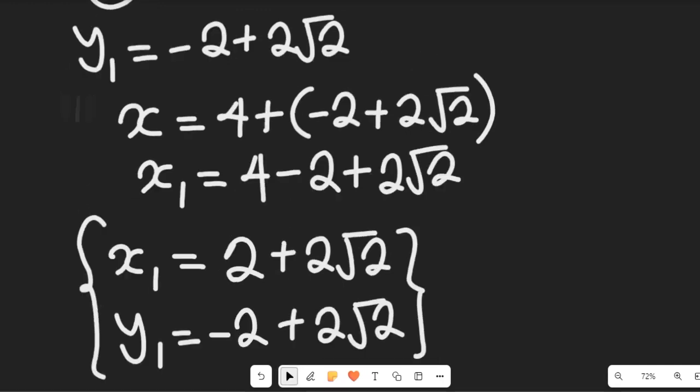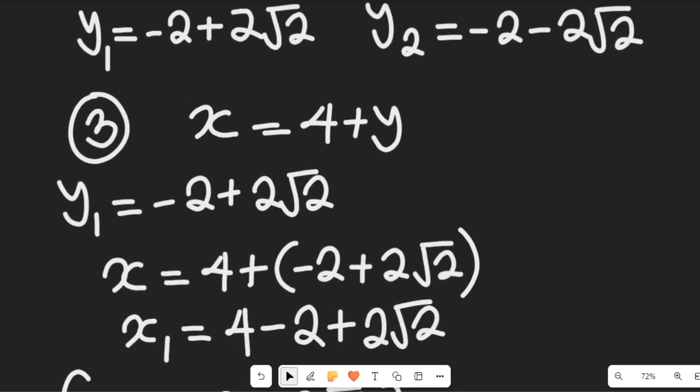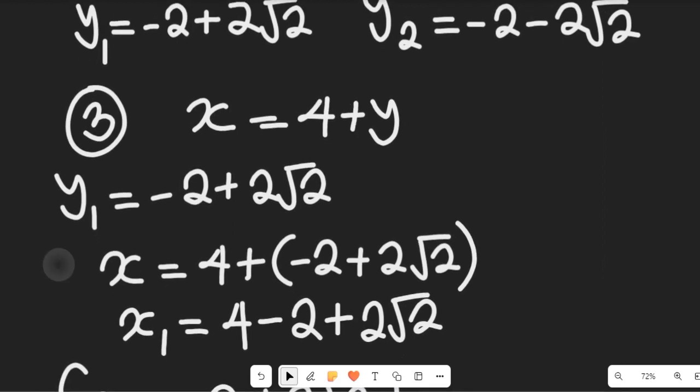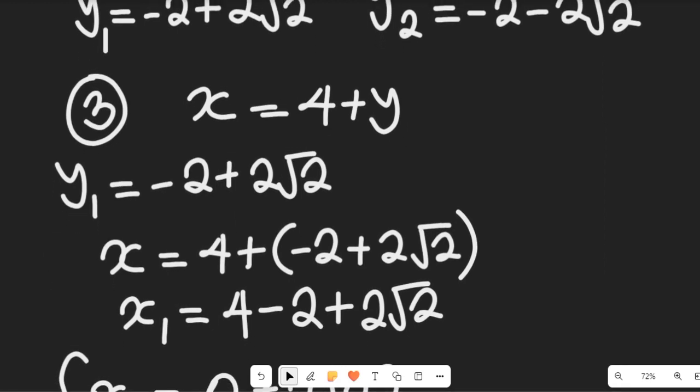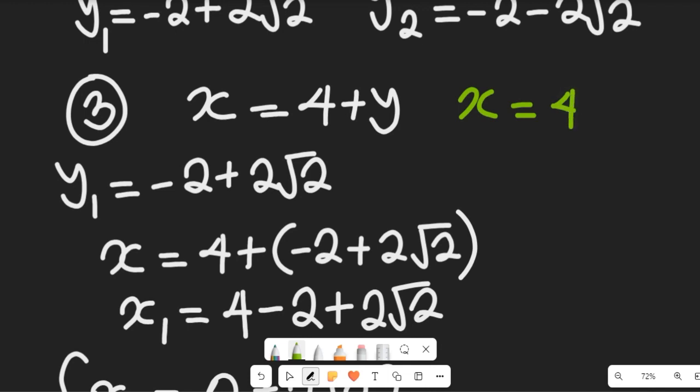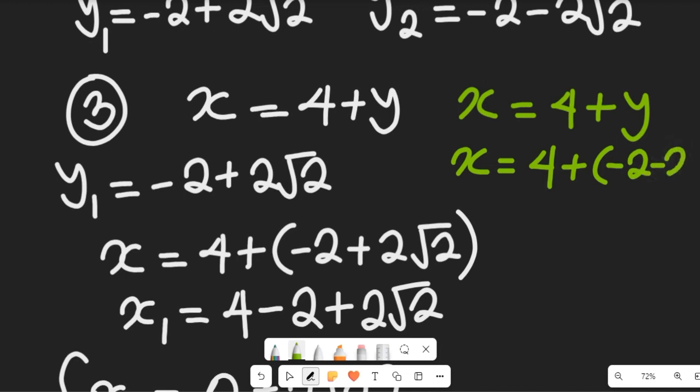So we're going to consider the value of y2. If we consider the value of y2, the value of y2 is going to give us the value of our x is equal to 4 plus y, right? And we're going to have the value of our x to be equal to 4 plus negative 2 minus 2 root 2.